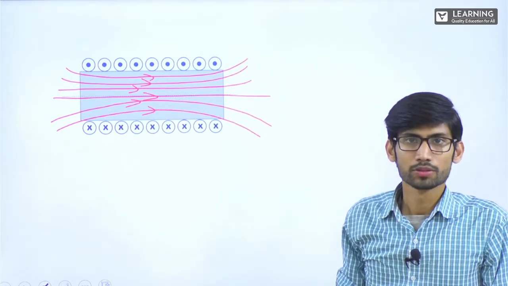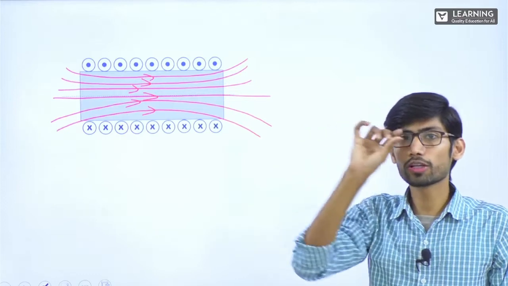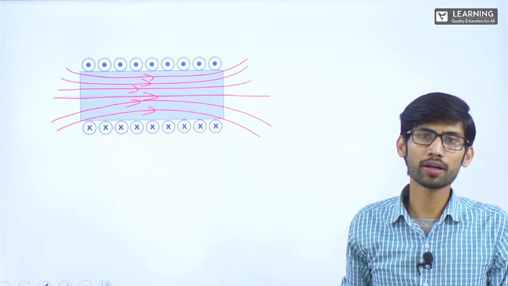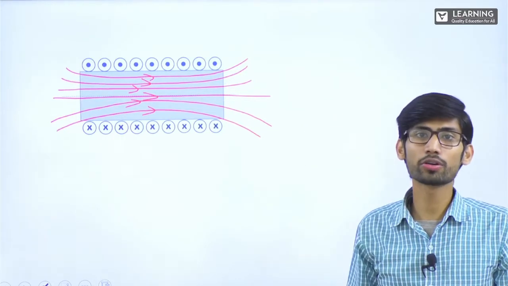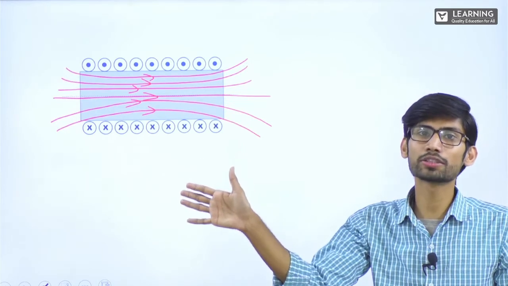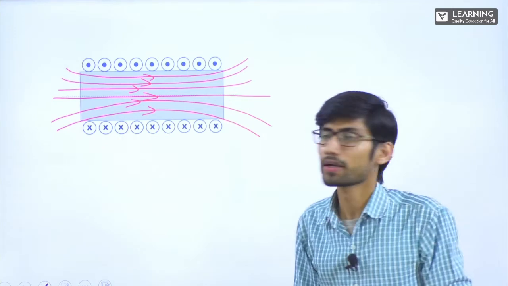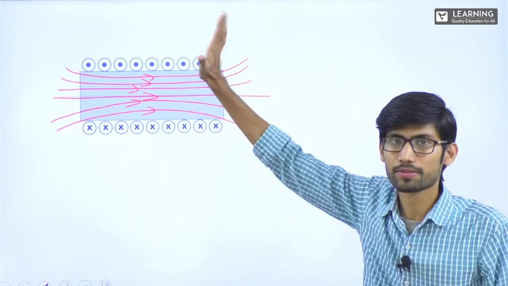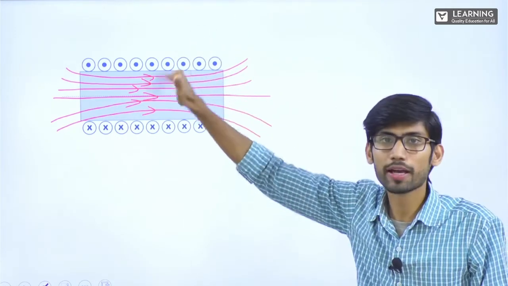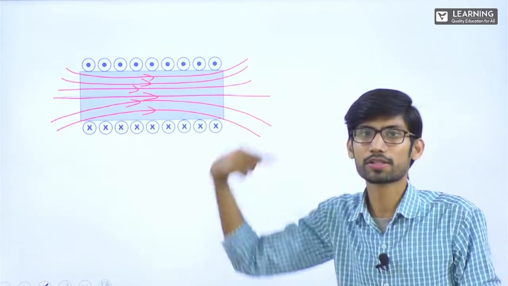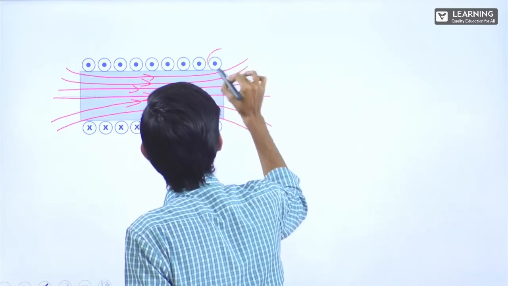So when we were seeing Biot-Savart's law, what I told, if a small element of wire is there, to take out the magnetic field, place your thumb in the direction of current, then the curl will give you the direction of magnetic field. Here the direction of current is like this, so this curl will give me the direction of magnetic field, that means this direction, anti-clockwise, correct?